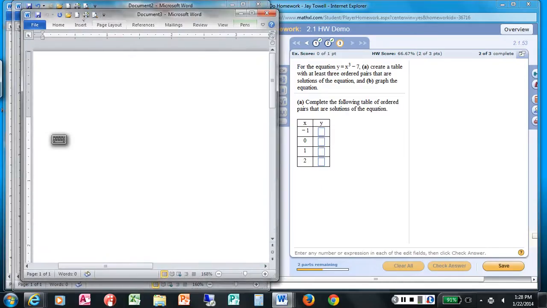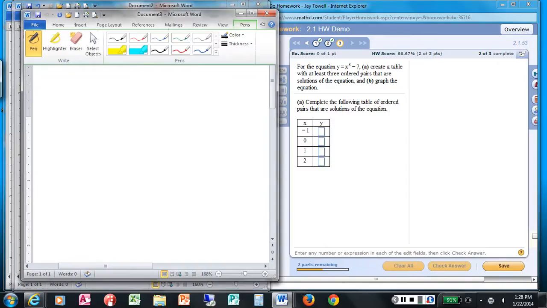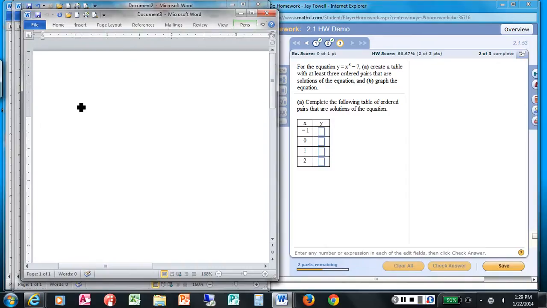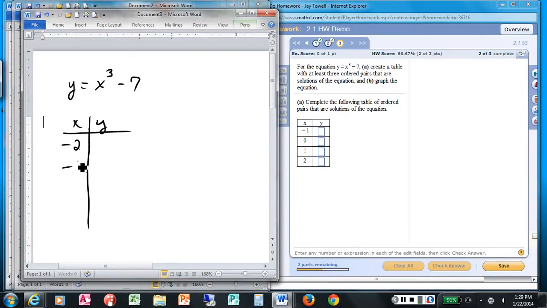I'm going to go ahead and do -2 to +2. I think more points better. We got -2 all the way out to +2.